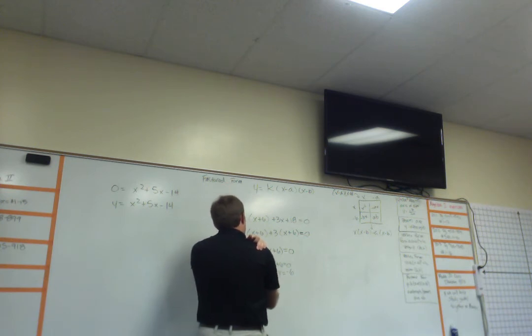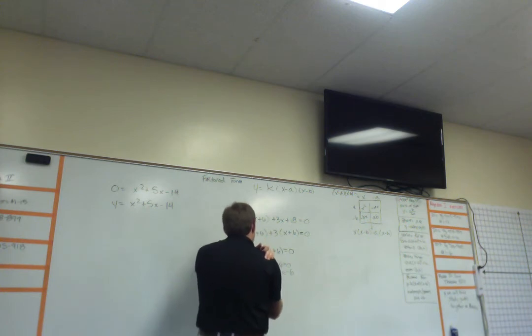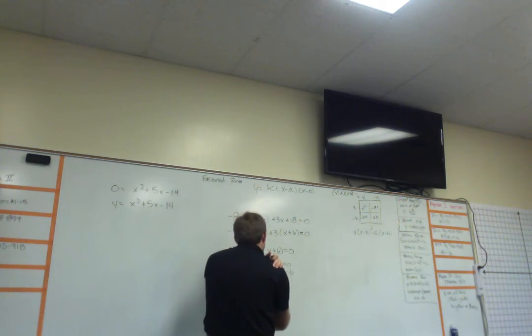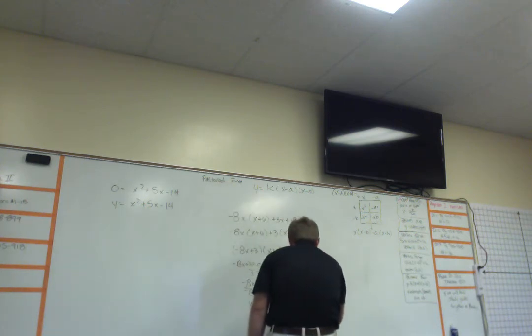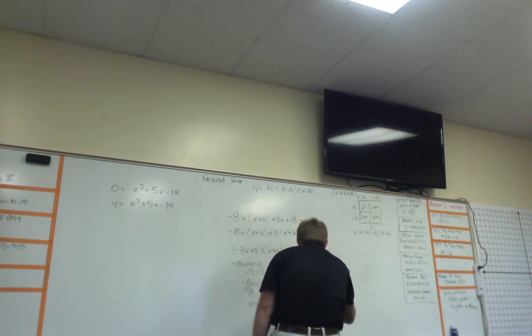Subtract 3 from both sides. -8x equals -3. Divide both sides by -8. x equals 3/8. So, solutions are x equals -6 and x equals 3/8.